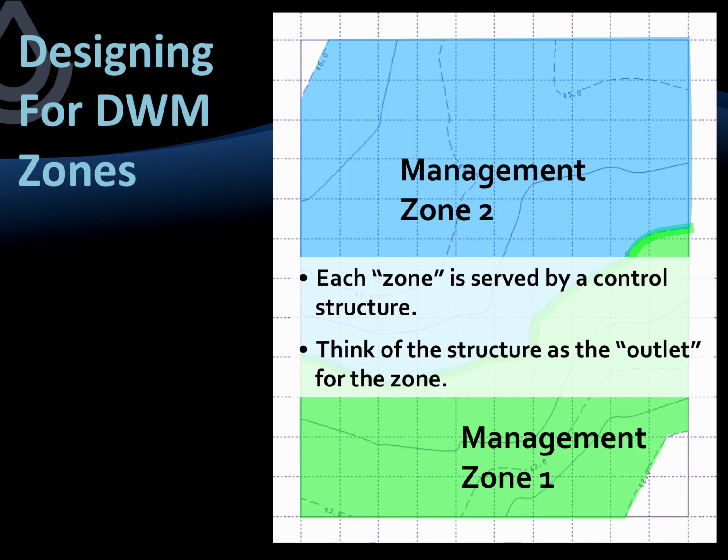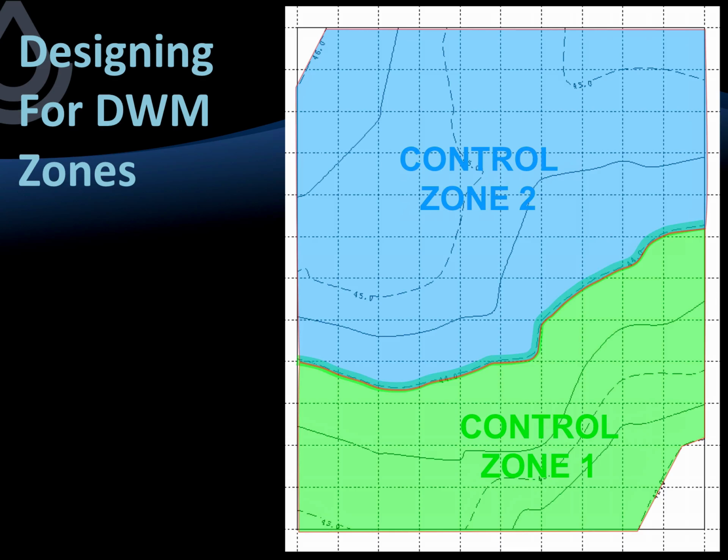So all of the pipe and the layout in a zone has to be plumbed through the structure that serves that zone. So typically for these systems, we don't have drainage laterals that span from one zone into the other. And so I've got a couple of examples here for this field.